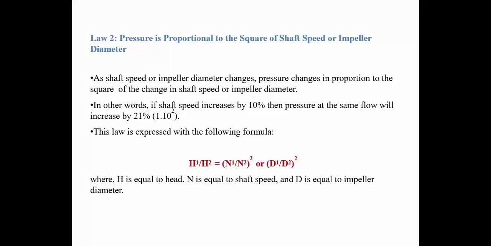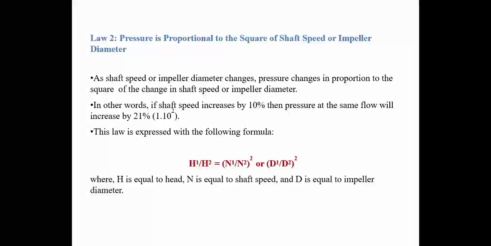Now the second law is pressure is proportional to the square of the shaft speed or impeller diameter. So everything is related to the speed of the shaft and diameter of the impeller. Now we will see the head. Head is equal to pressure itself, so head is related to speed and diameter.